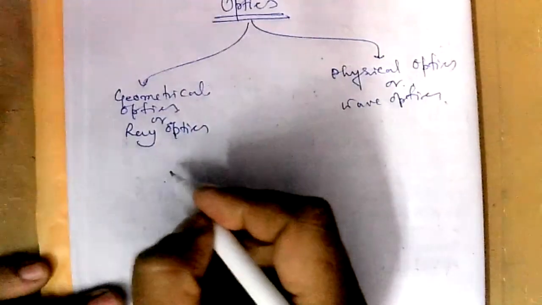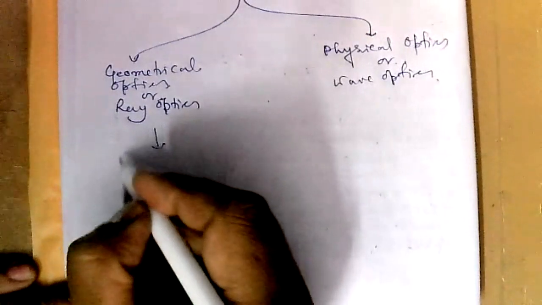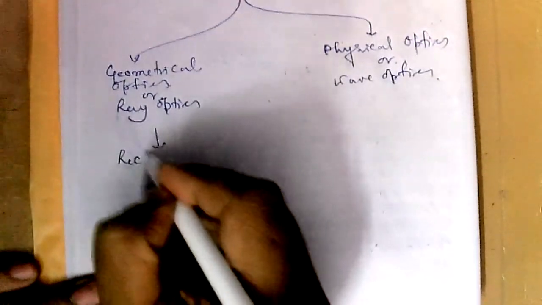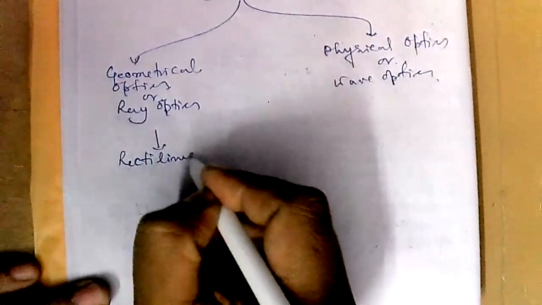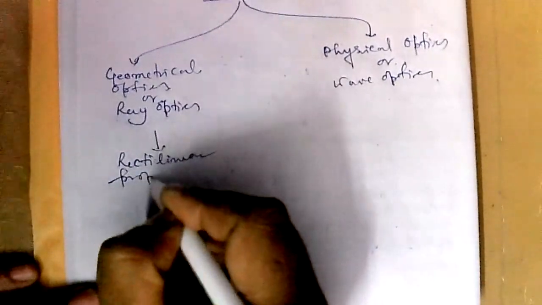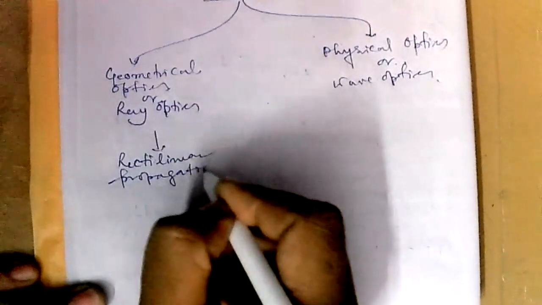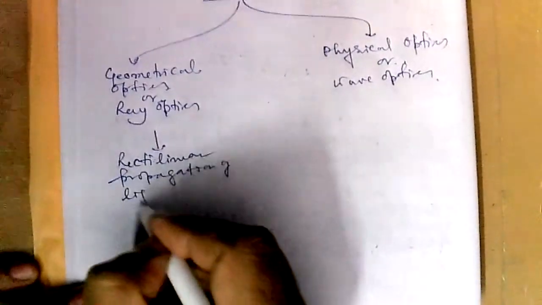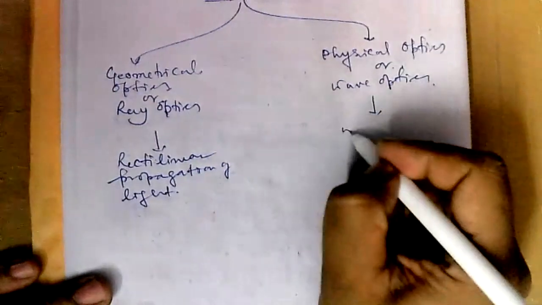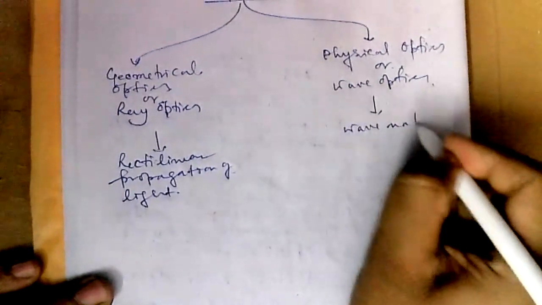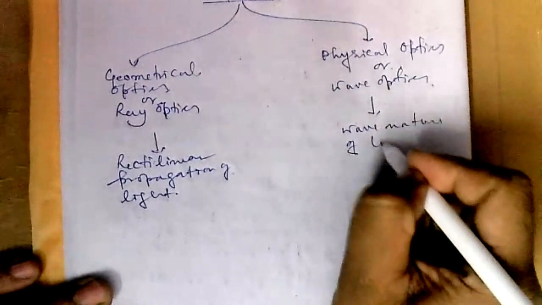First, we will study the ray optics. It considers the rectilinear propagation of light, and here we consider the wave nature of light.